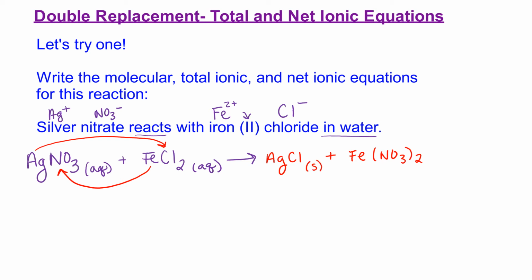So the silver chloride is going to be solid, and the iron 2 nitrate is going to be aqueous. So this is my molecular equation. I'm going to rewrite that. It's kind of sloppy, and I don't want it to be sloppy in your notes.